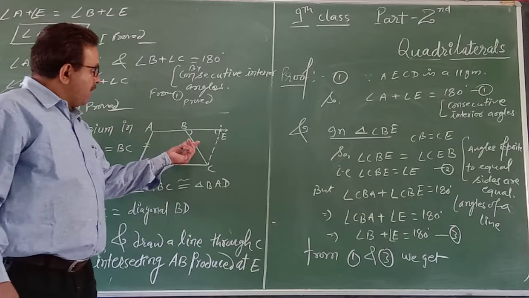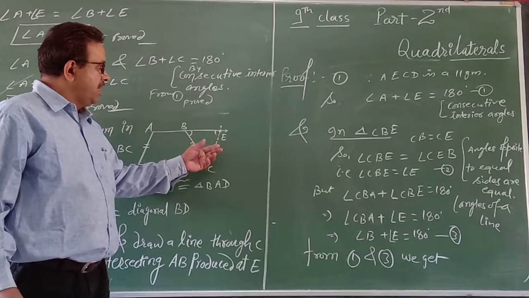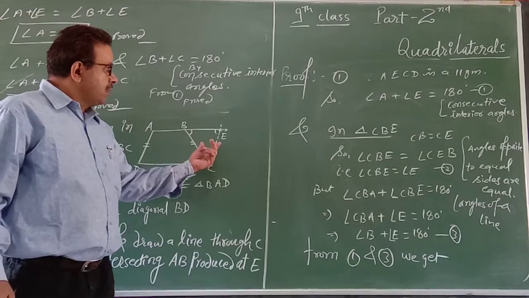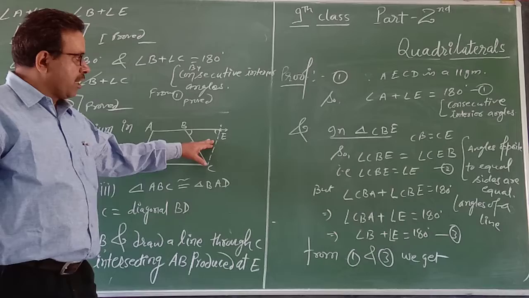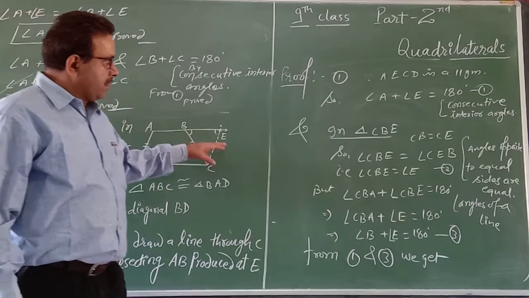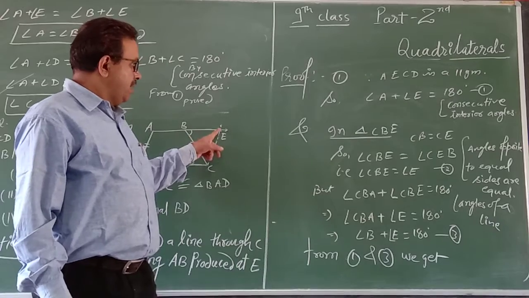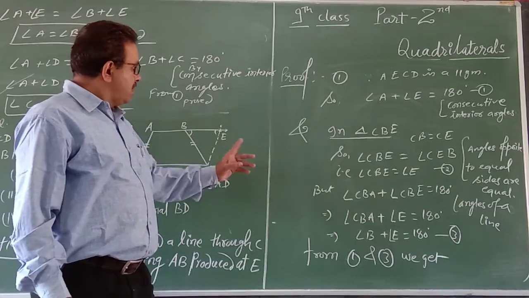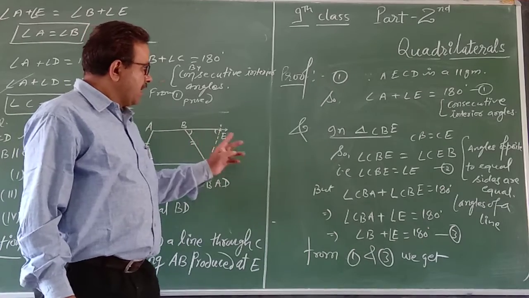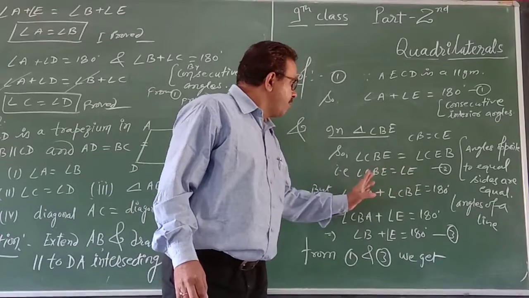So here we get BC, it means CB is equal to CE, and we know that the angles opposite to equal sides of a triangle are equal to each other. Then angle CBE is equal to angle CEB. It means angle CEB can be written in another form as angle E.